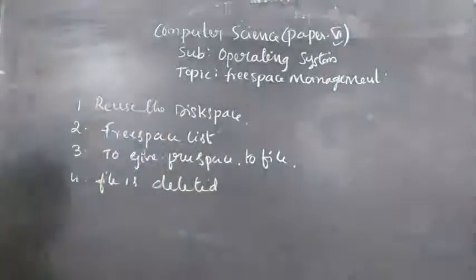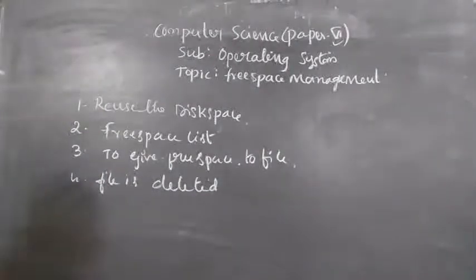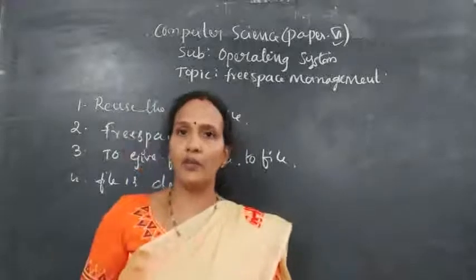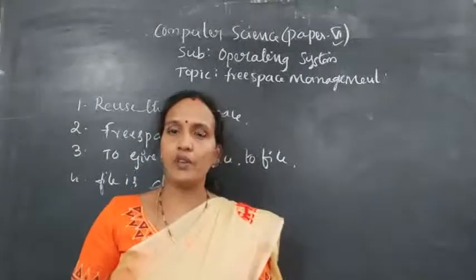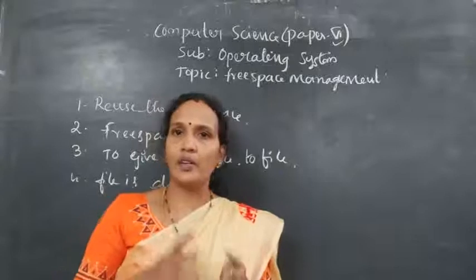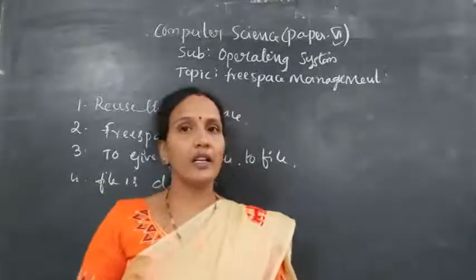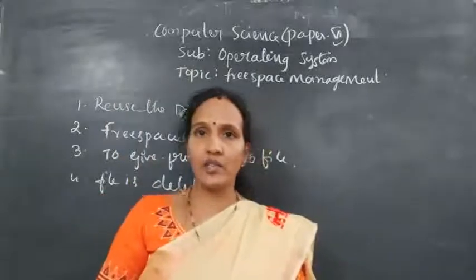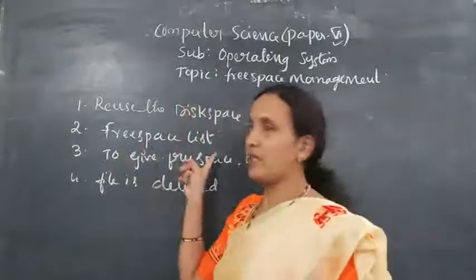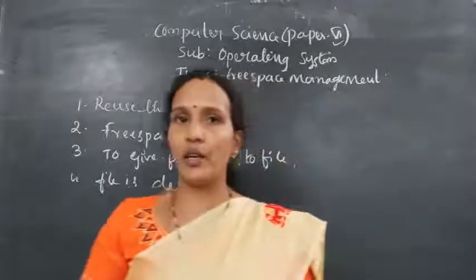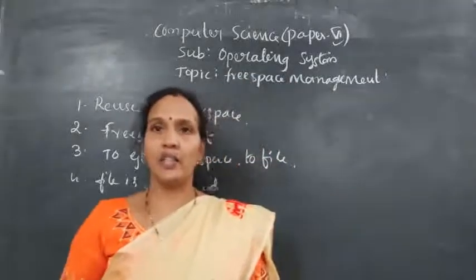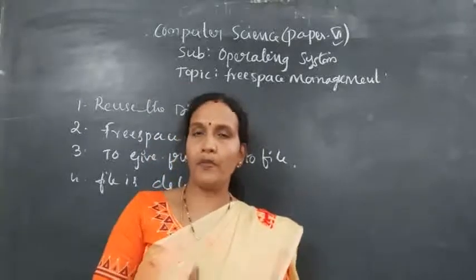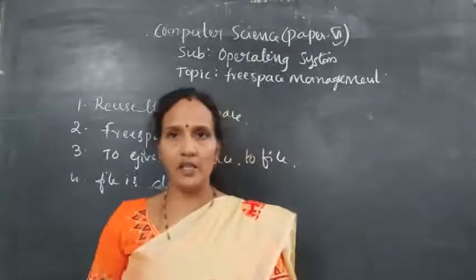Next, what is the use? The second one is the free space list. In order to give a block to a new file, first, whatever free space blocks are there, that information should be maintained. Where will the operating system maintain this information? In the free space list. It will collect the information about all the free blocks and store it in the free space list.